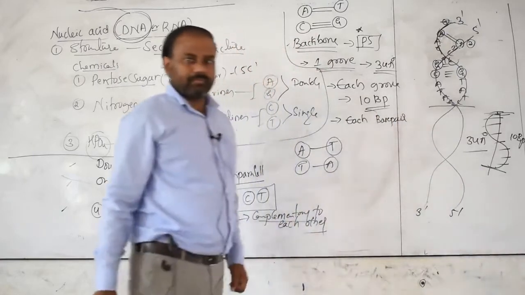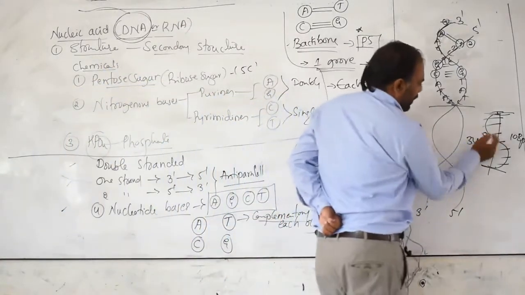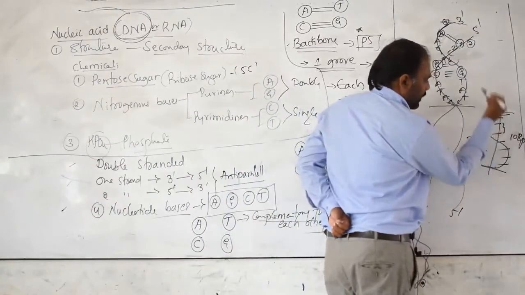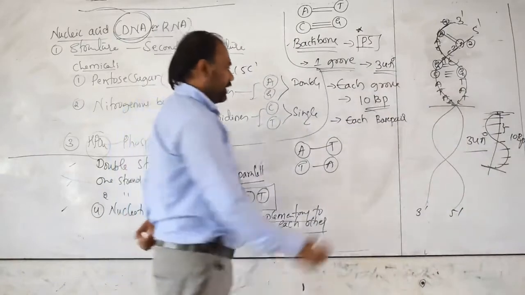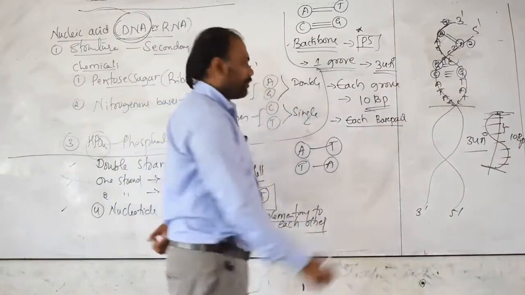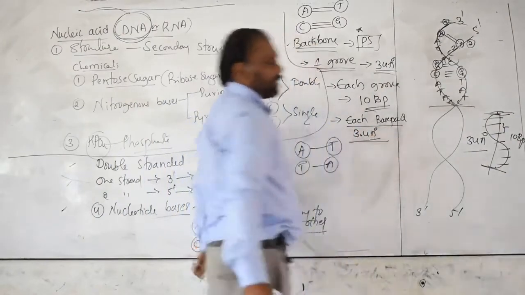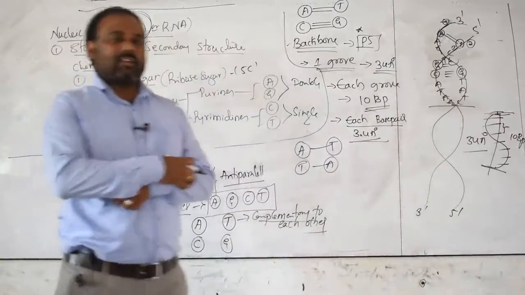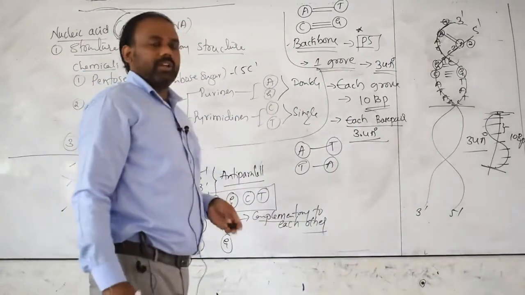That is 34 divided by 10. The distance between each base pair is 3.4 angstrom. So that is the distance between each nucleotide.